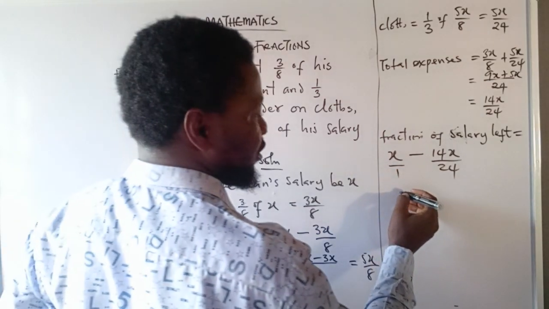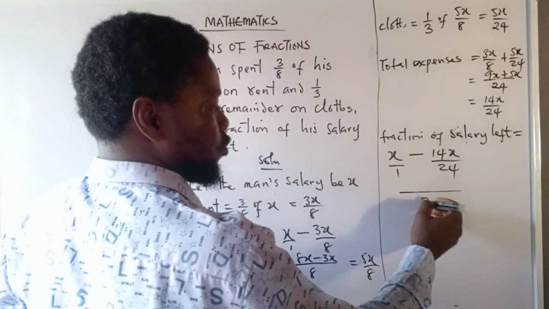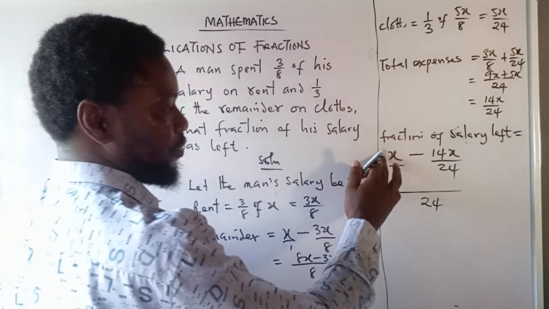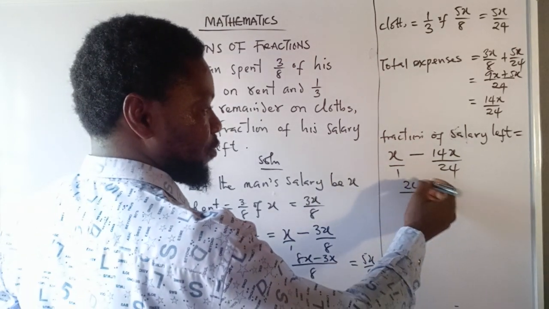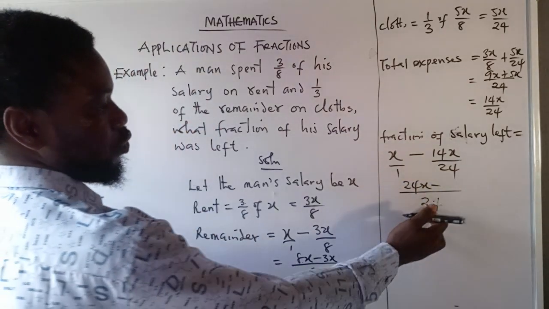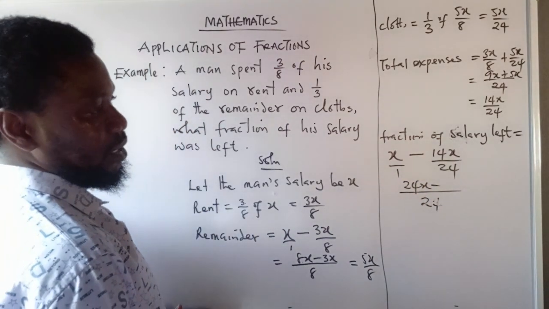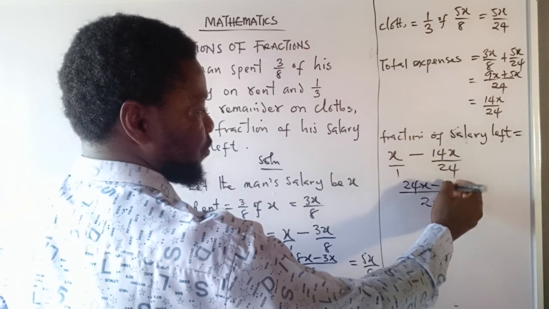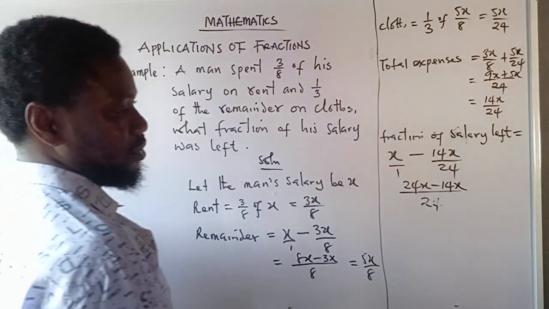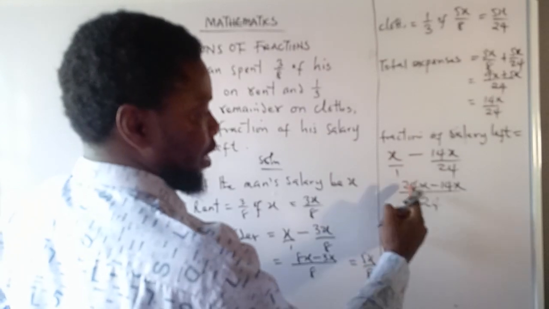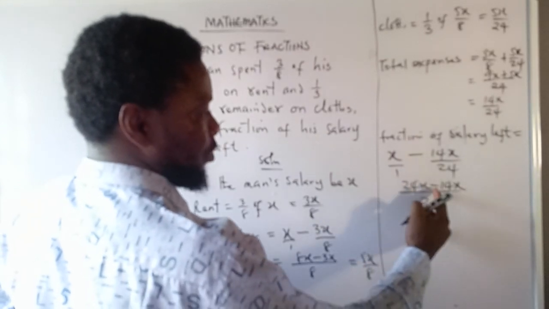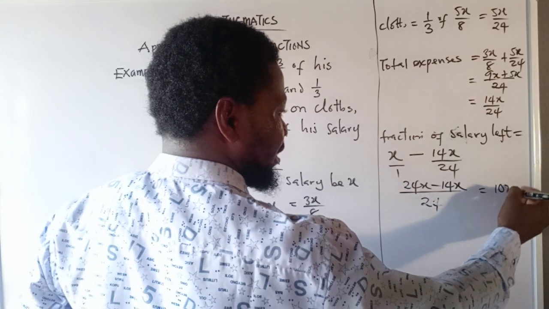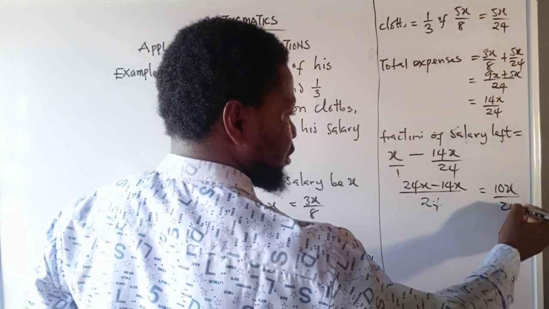If we resolve this, the LCM is 24. 24 divided by 1 is 24. 24 times X, we have 24X, minus 24 divided by 24 is 1, 1 times 14 will give us 14X. So by this we have 24X minus 14X. That will be equal to 10X over 24.